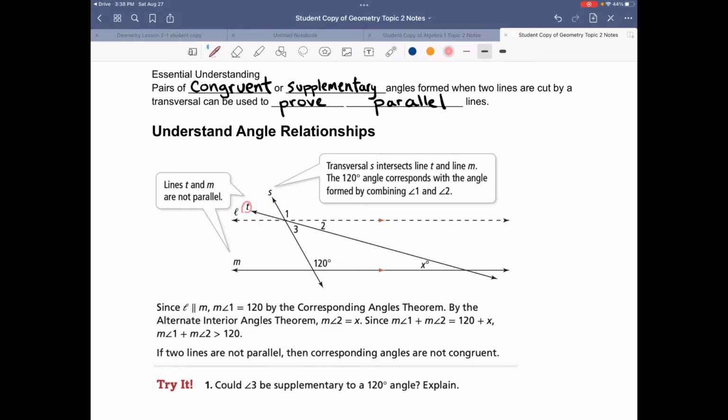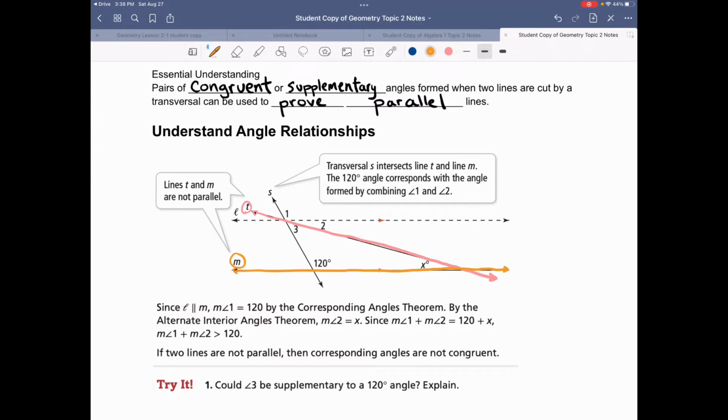Here's T. And maybe we can use colored pencils for this. And I'll do M in a different color. And you can see that these lines are obviously not parallel, right? They cross each other. If they were parallel, they would never cross each other.